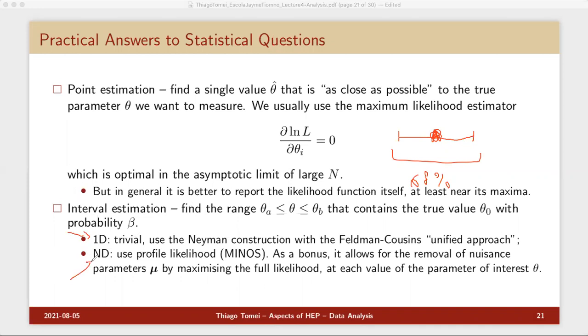In n dimensions, everything is complicated, because you have multiple parameters, and you can ask yourself, okay, but many different shapes, let's say θ1, θ2, could contain 68% of the probability that the right values are inside it, right? You can have something obvious, oh, it's 68% that is here. Or you can have something completely crazy, something like this.